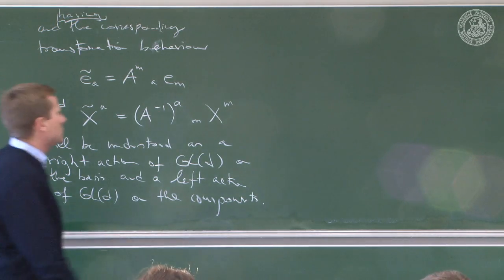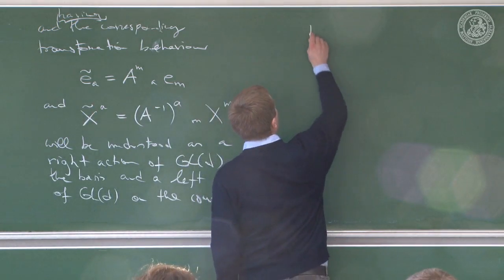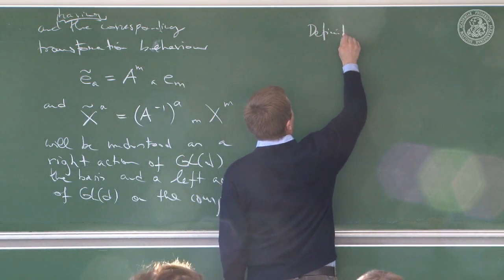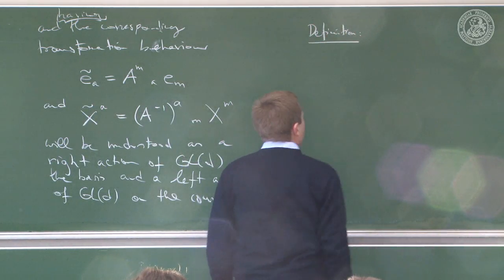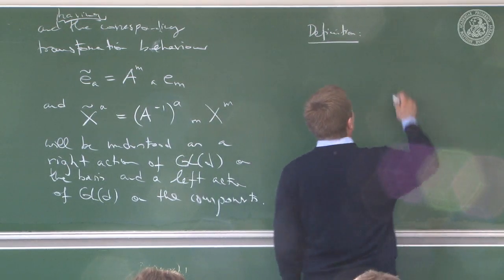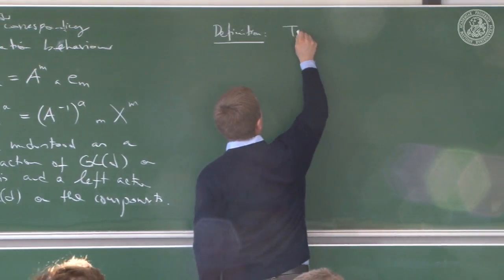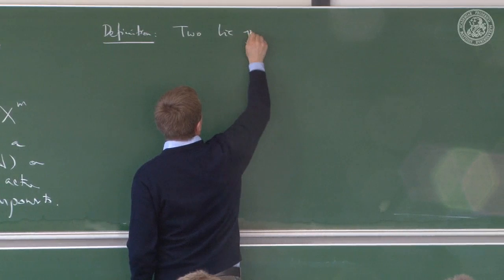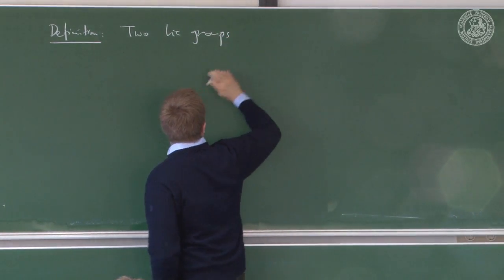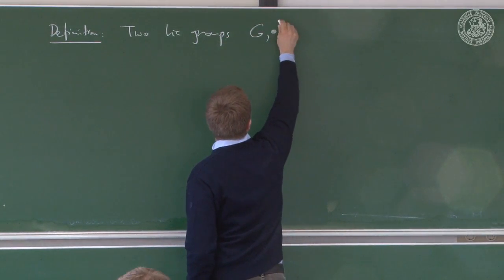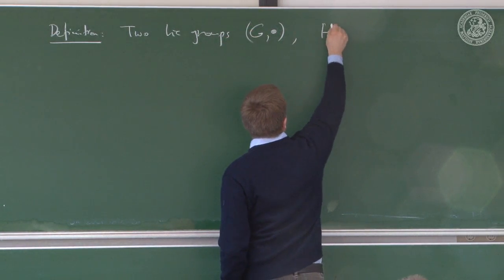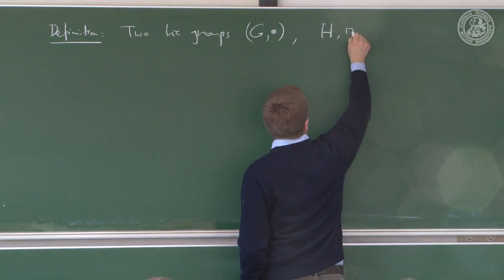Now there's one more definition I would like to provide. Now assume we have two Lie groups, G with a blob and H with a little square.